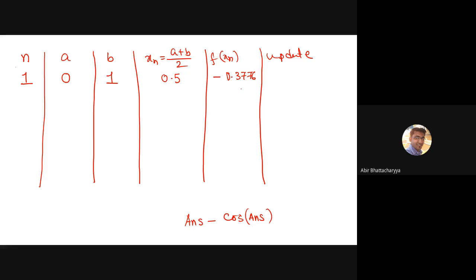Okay, Deepak, thank you. So it's negative, and negative means we have to update a, that is x1 equals a. In the second iteration, a will be 0.5 and b will be the same, 1, and xn will be 0.75. Calculate it and tell me the answer in the chat box quickly.